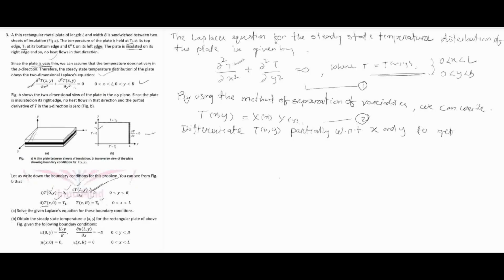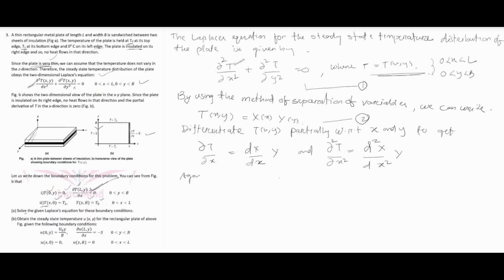We get del T by del x is equal to dX by dx into Y. While differentiating a function partially with respect to a variable, the functions of the other variable are treated as constant. So Y is constant here. And del square T by del x square is equal to d square X by dx square into Y.